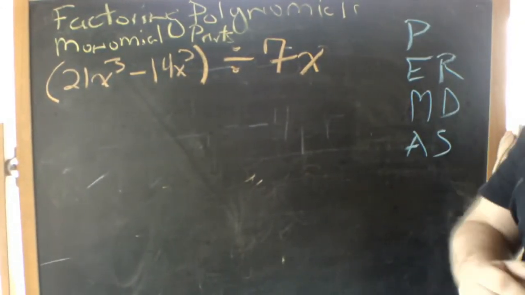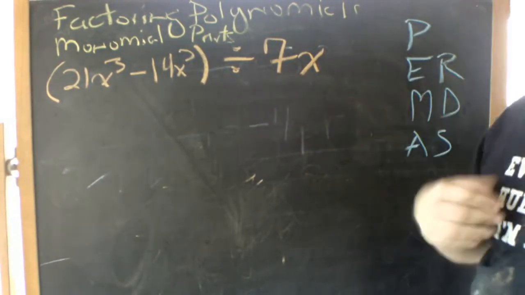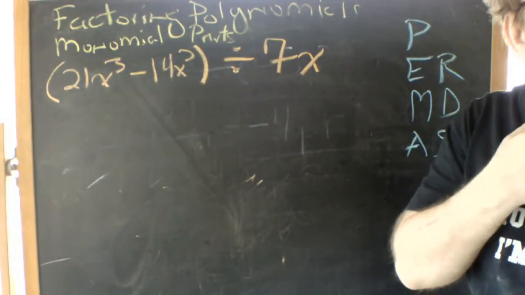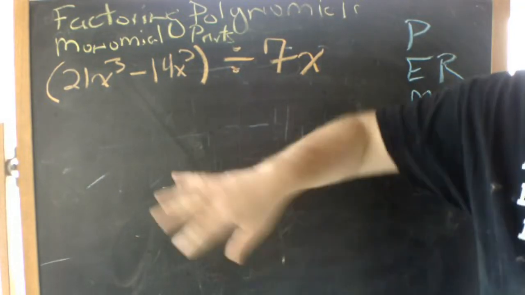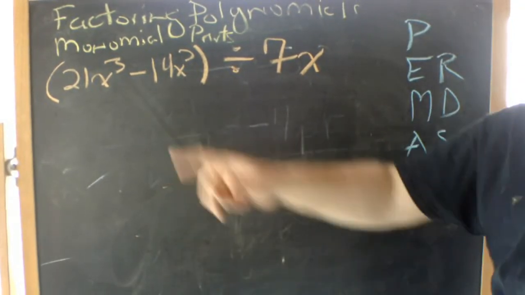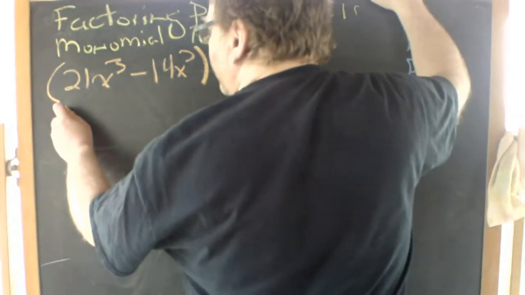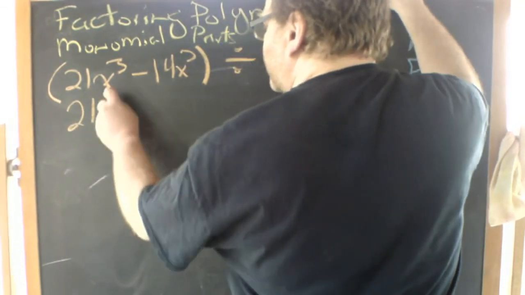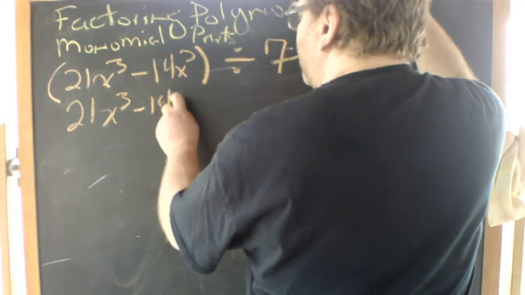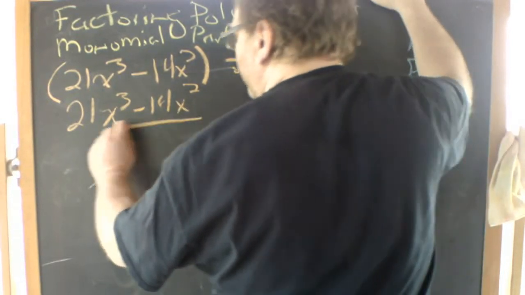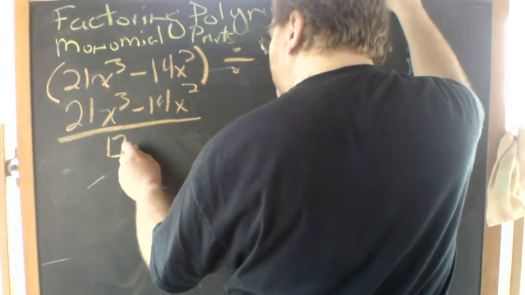Alright, so I'm going to actually do this in fractional form to help show you what's going on. So 21x cubed minus 14x squared over 7x.